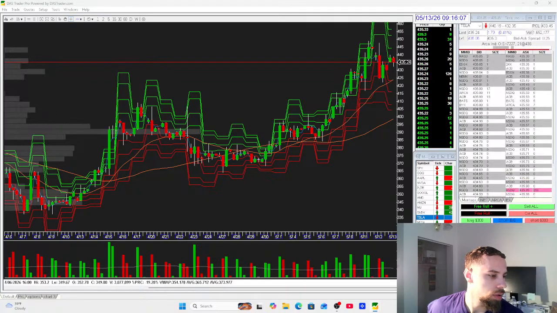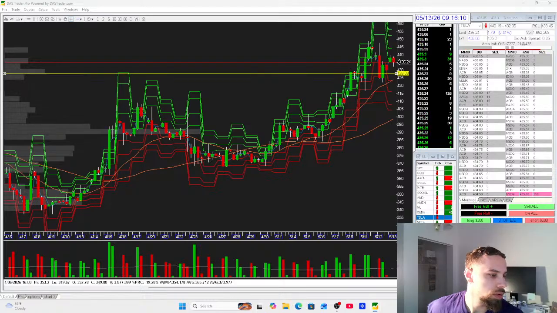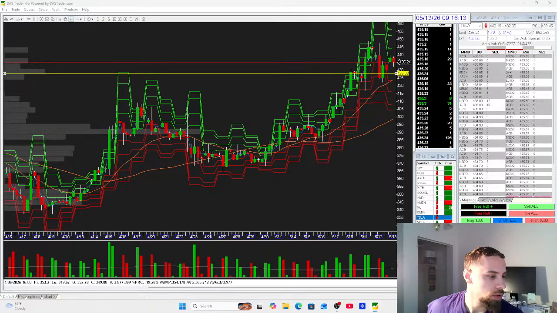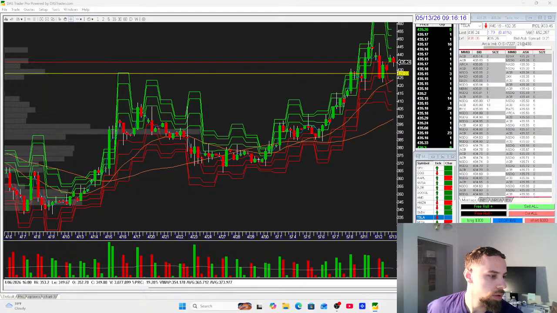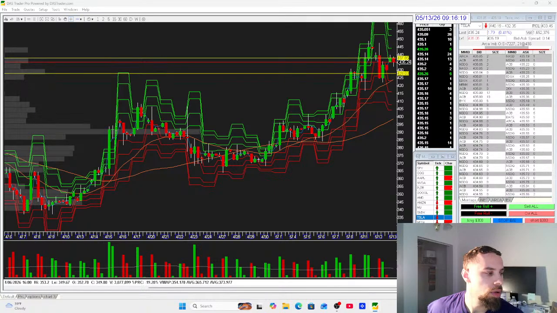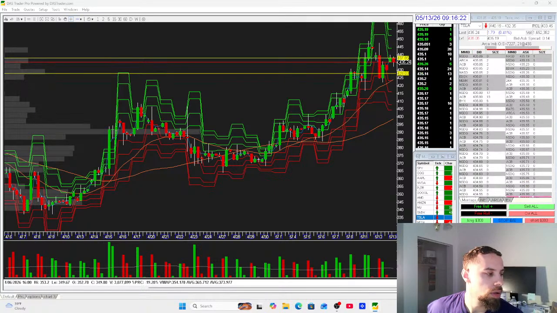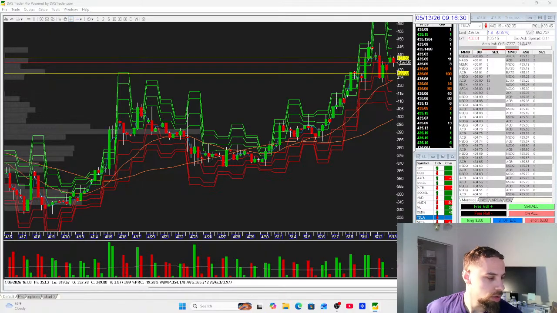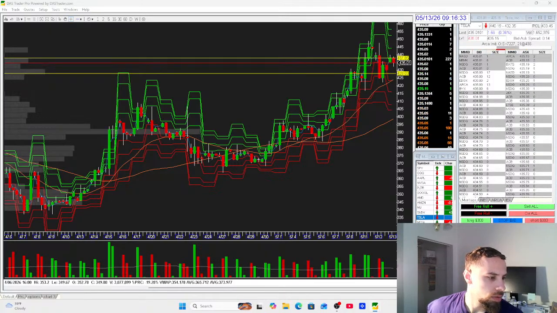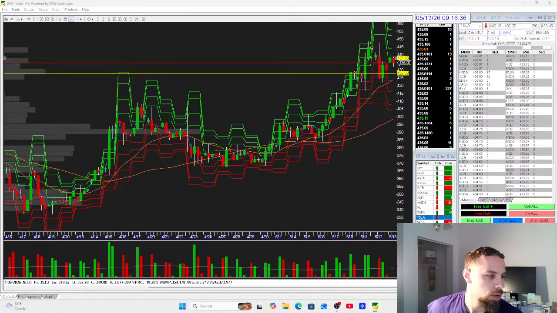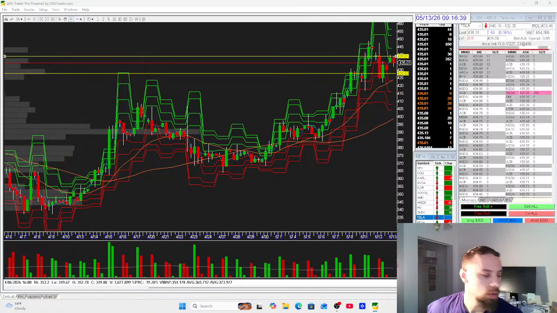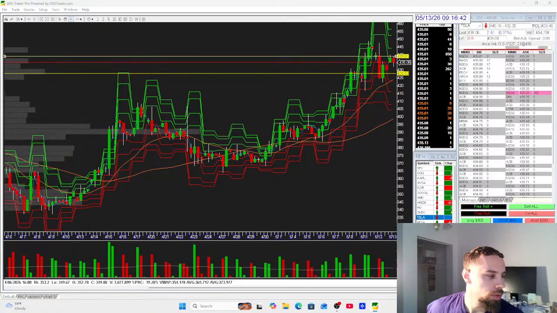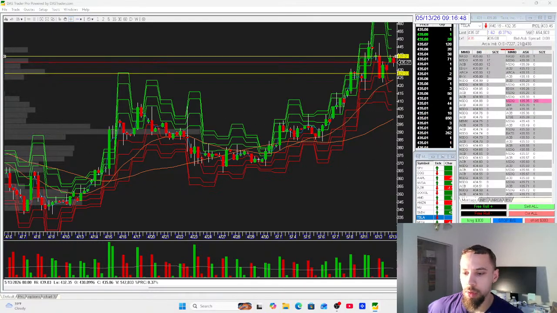Let's see, lots of liquidity down at 428. It's a bit ways down. Going to the 1 month chart, look at the key levels. Okay, yeah, that looks good. 440 big key level for Tesla. See what that does.